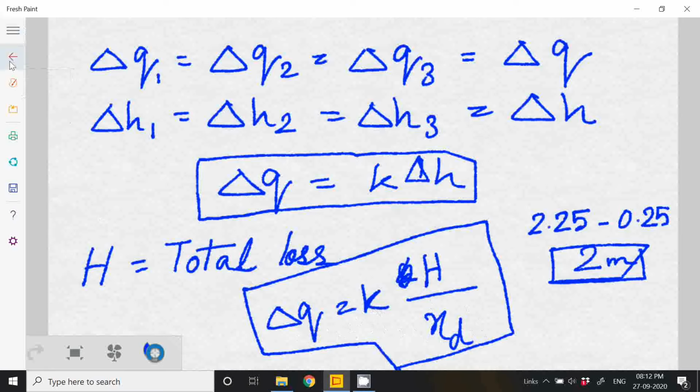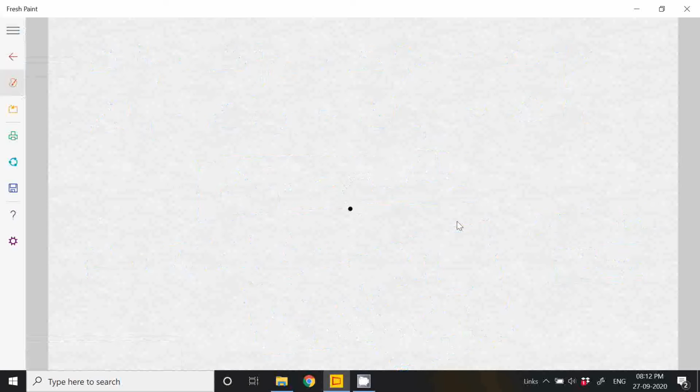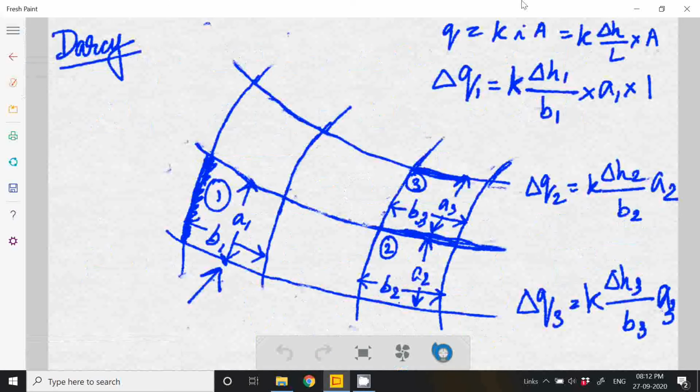That is the flow through one flow channel. So we took it as delta q1, isn't it?